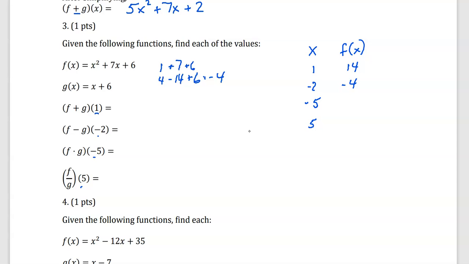-5. F of -5 would be 25 minus 35, minus 7 times 5, plus 6. 25 minus 35 is -10 plus 6. Oh, another -4.